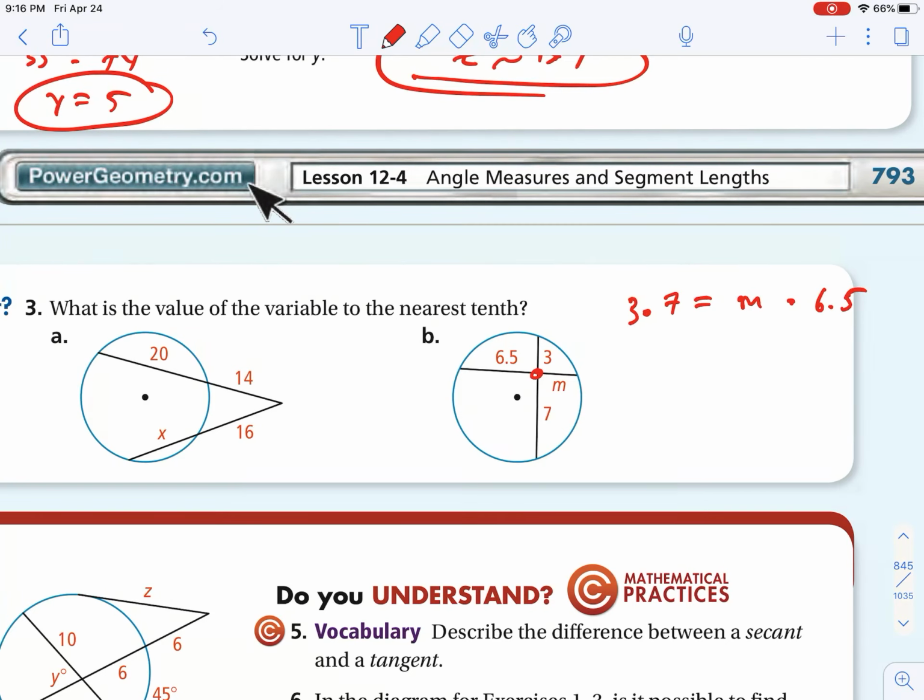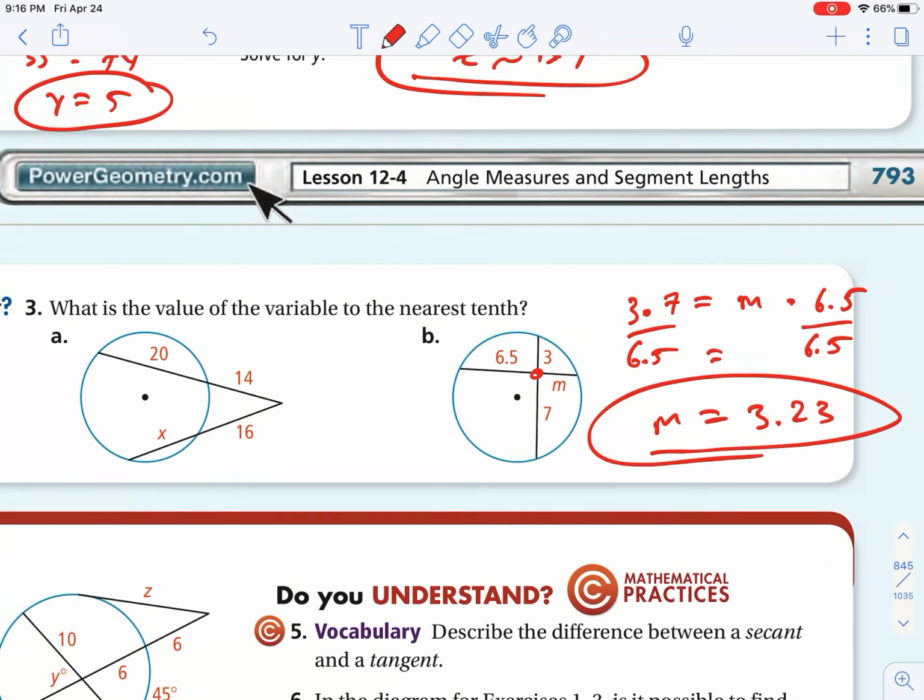Sorry about that. Then we're going to divide each side by 6.5. So m equals 21 divided by 6.5, so 3.23. There you go.